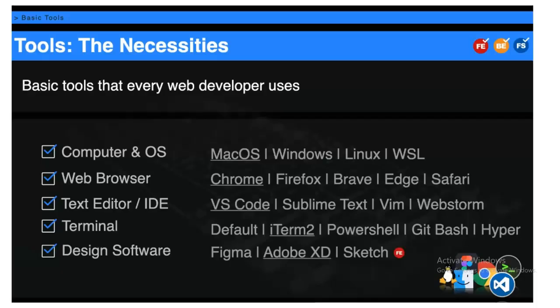You can use any of them. A text editor or IDE, such as Visual Studio Code, Sublime Text, Vim, or WebStorm. A terminal; the default terminal will be iTerm2, PowerShell, Git Bash, or Hyper. Design software: Figma, Adobe XD, or Sketch.